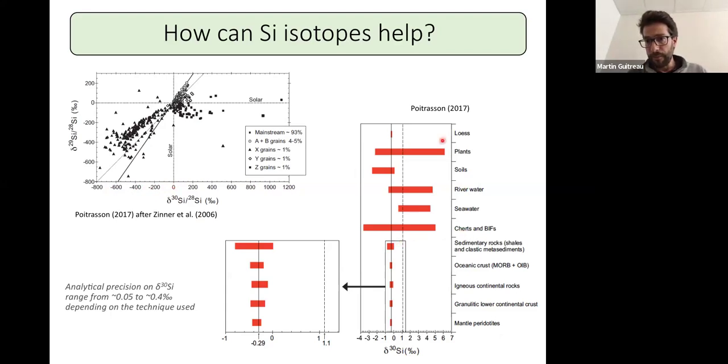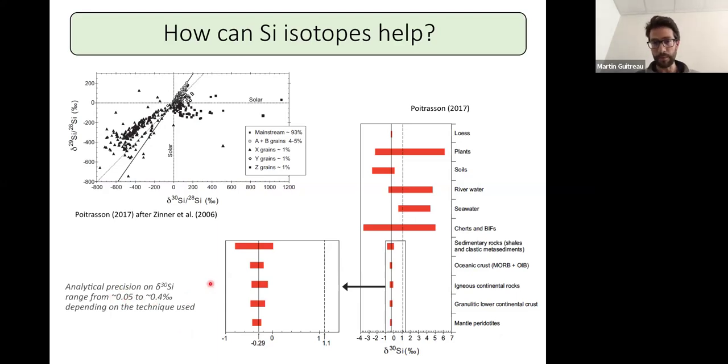As you can see in plants, soils, river water, low temperature rocks or biologically derived material, you have a narrow range of variation, but it's big enough so that you can discriminate your measurements well. To give you an idea, analytical precisions that we can achieve nowadays using various techniques from SIMS to MC-ICP-MS range from 0.05 per mil to 0.4 per mil.